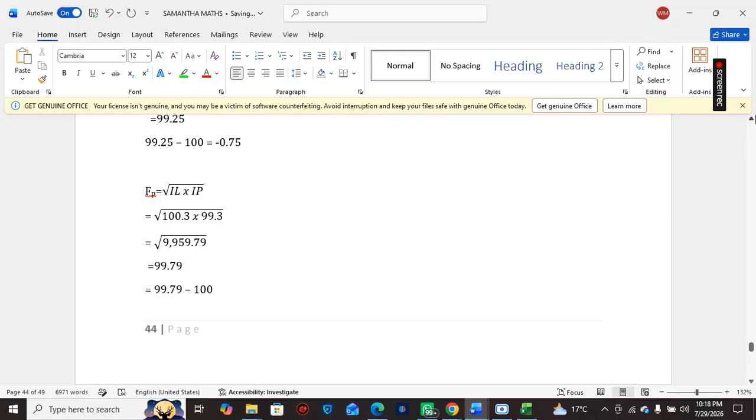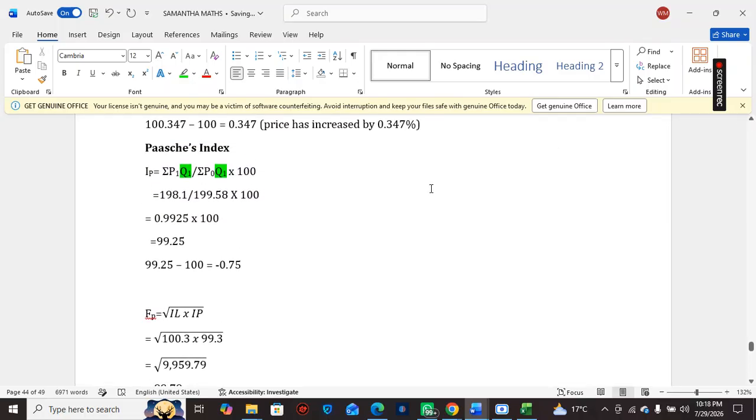So here what we're saying is price has dropped. Okay. Price has dropped by 0.75% from 2021 to 2022.